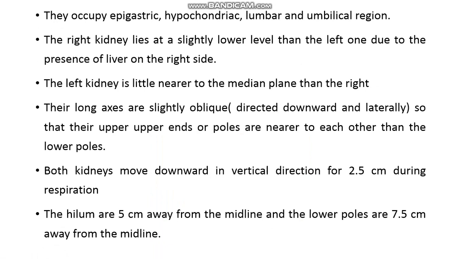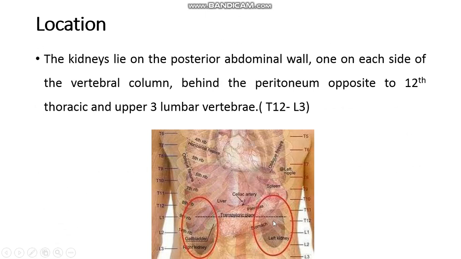Then the left kidney is a little nearer to the median plane than the right. The long axis of both kidneys is slightly oblique. Due to these characteristics, the upper poles of both kidneys lie nearer than the lower poles.